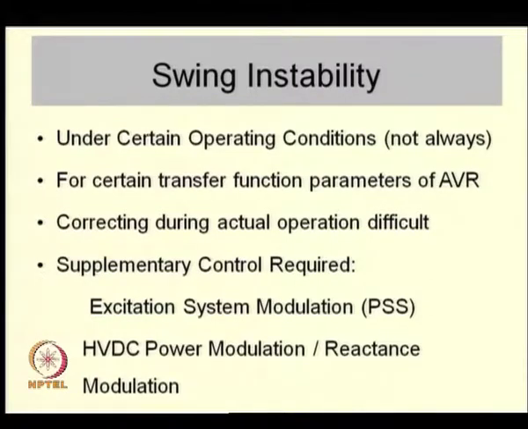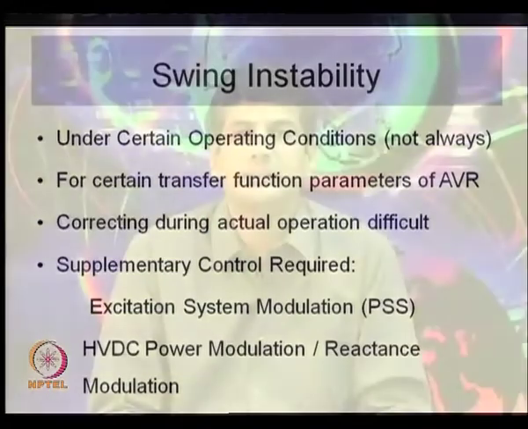You cannot correct swing mode instability during actual operation. If a system operator notices that for a certain operating point, the oscillations caused by random disturbances which are always present in a power system, like load changes, are not dying down, there is very little he can do in real time operation, because he does not know what exactly he needs to do to get the system to be stable.